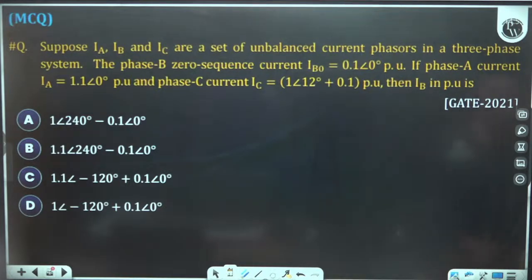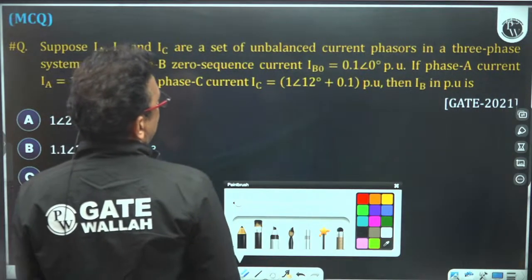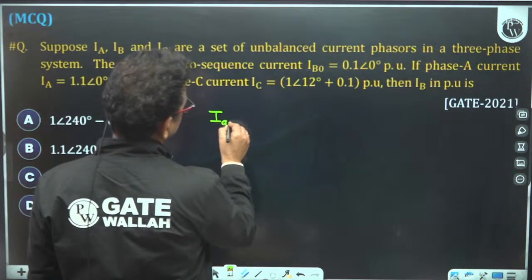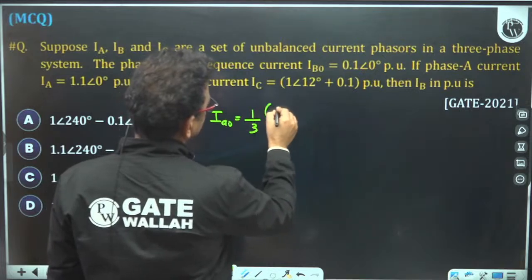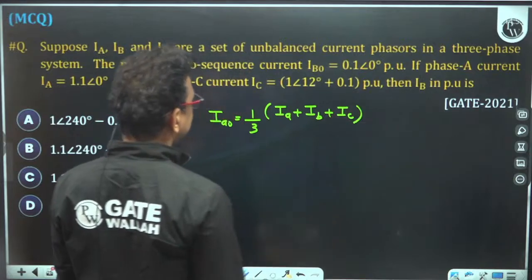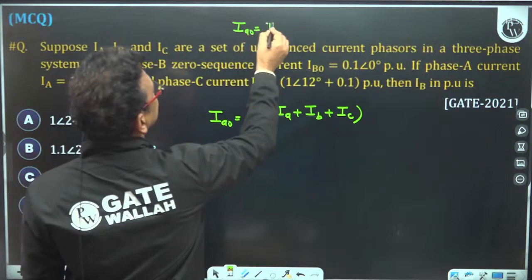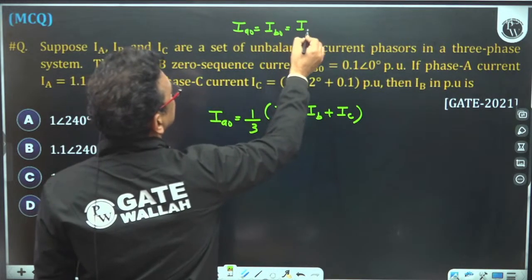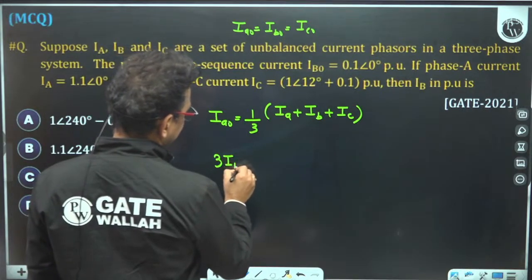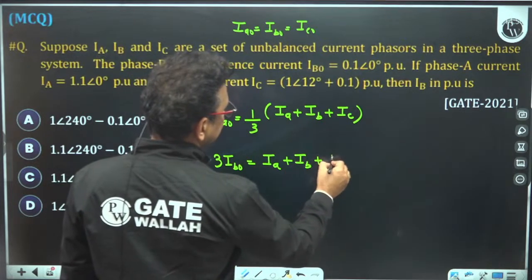We all know that IA0 is nothing but 1 upon 3 into IA plus IB plus IC. Now IA0, IB0, IC0 are all the same because the zero sequence quantities are the same. So it is nothing but IB0. So 3 IB0 is equal to IA plus IB plus IC.